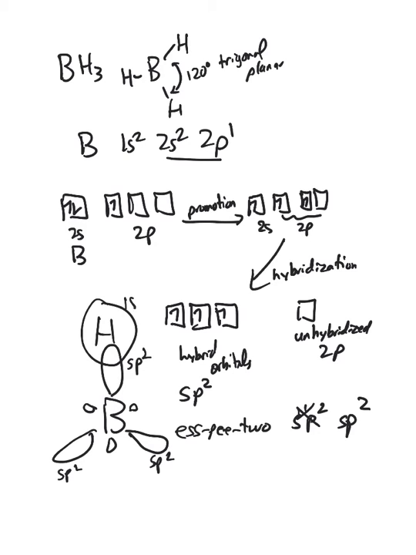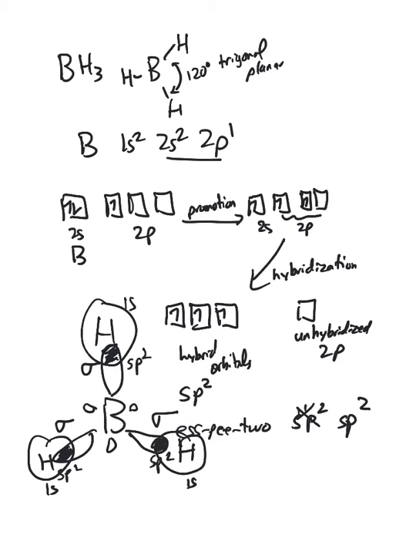There's my hydrogen with its unhybridized 1s orbital. Got me some overlap. And so now I've got 3 sigma bonds, because the bonds lie directly along the internuclear axis.